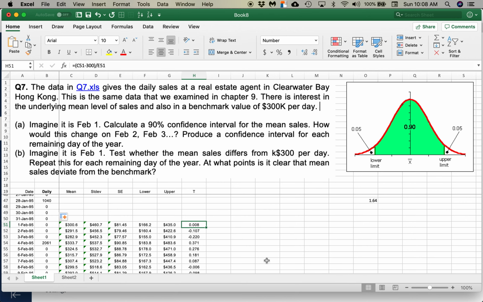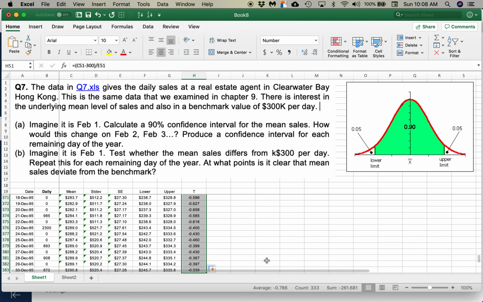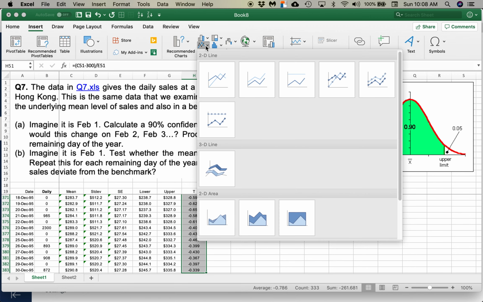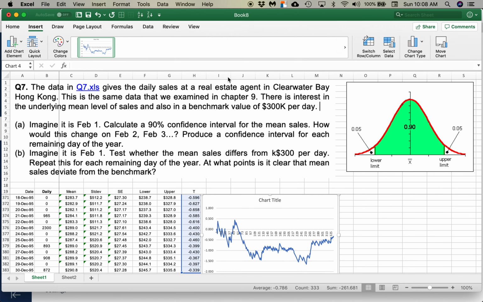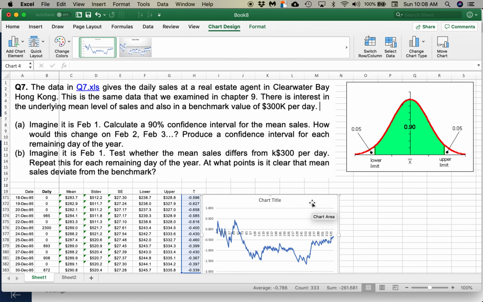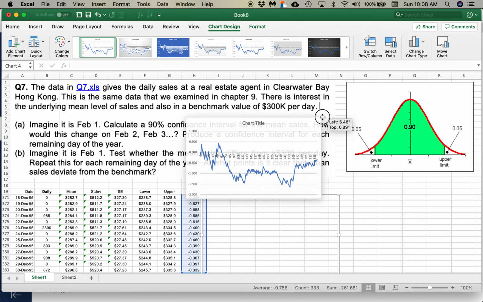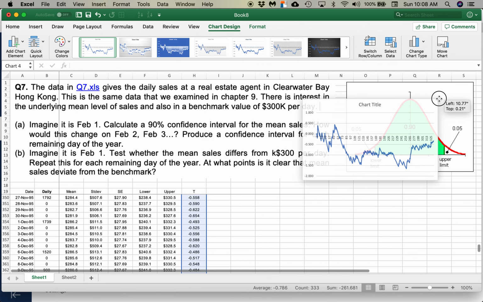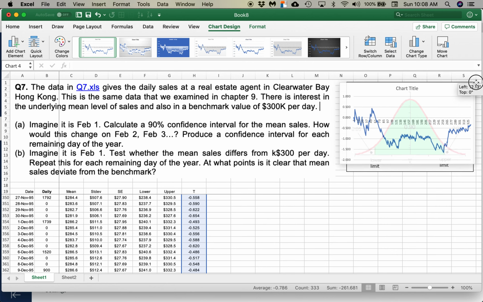I'm going to select all of those T cells and insert a line graph just so you can see what it looks like, and we can see what's happened to sales here. Let's put it over here on top of that.